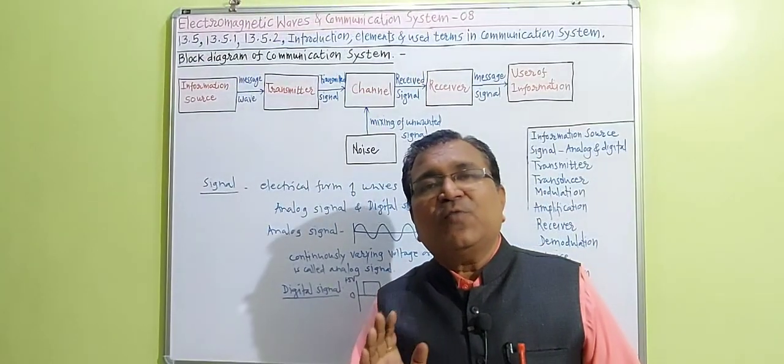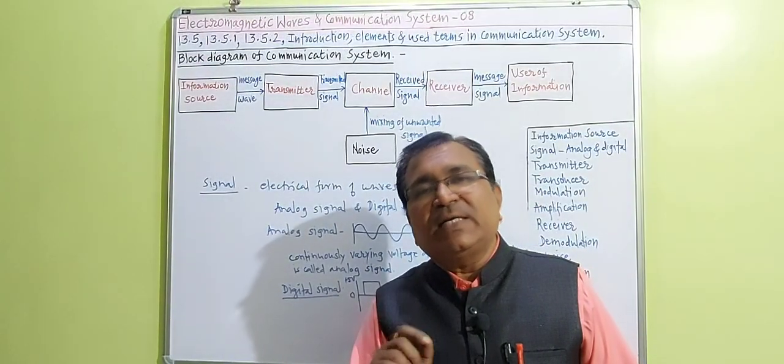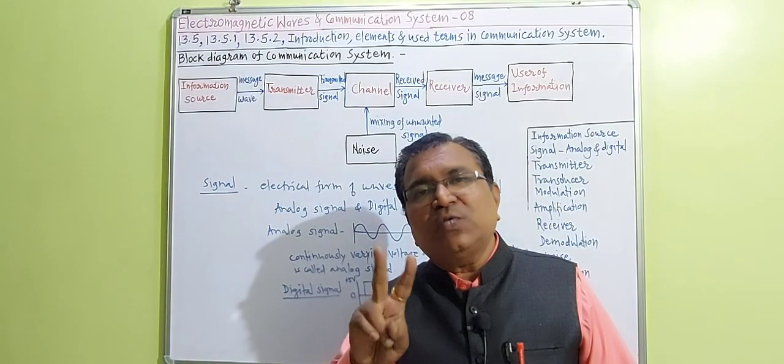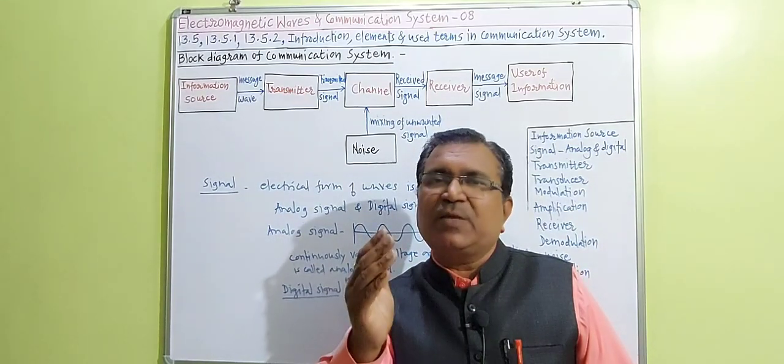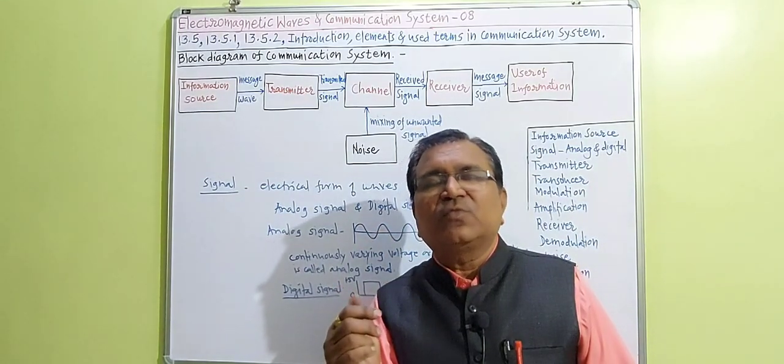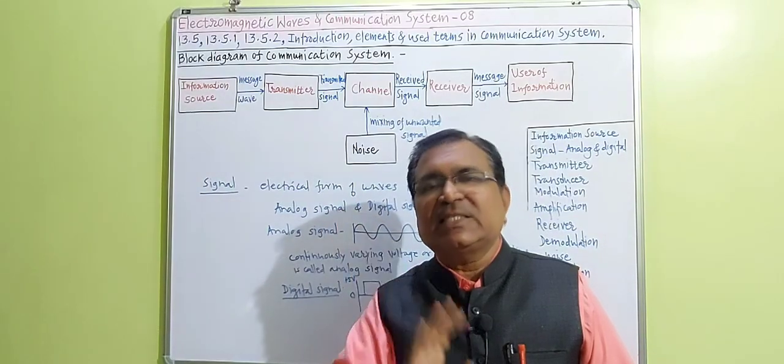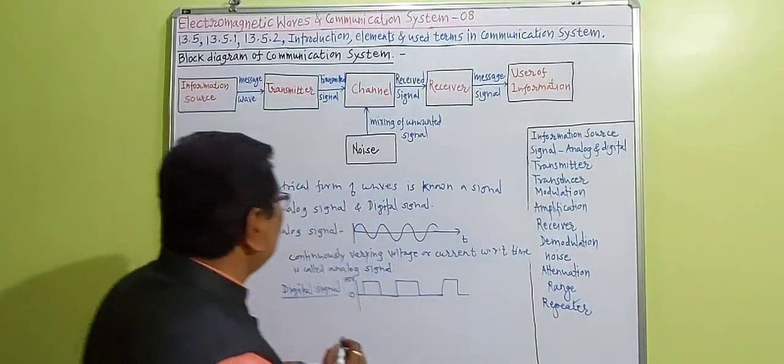So a waveform containing two discrete values, maximum and minimum, we call a digital signal.